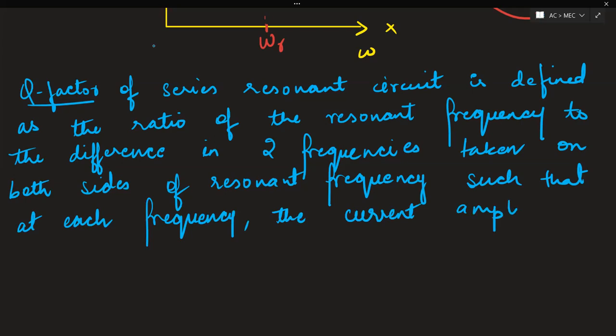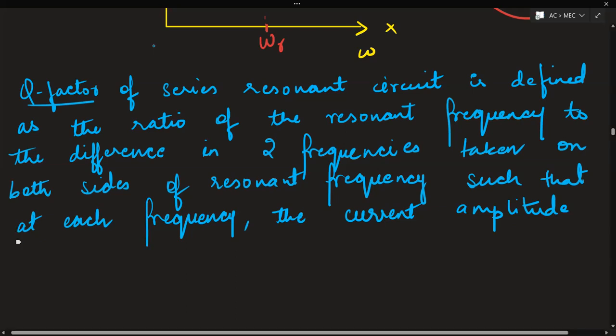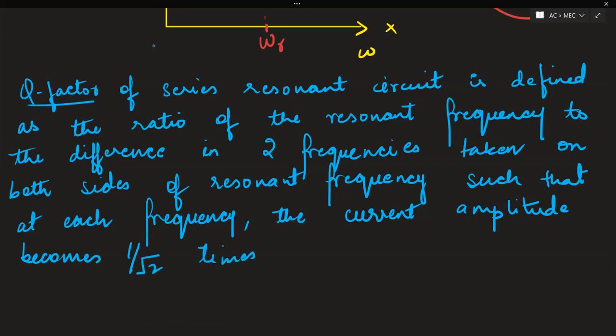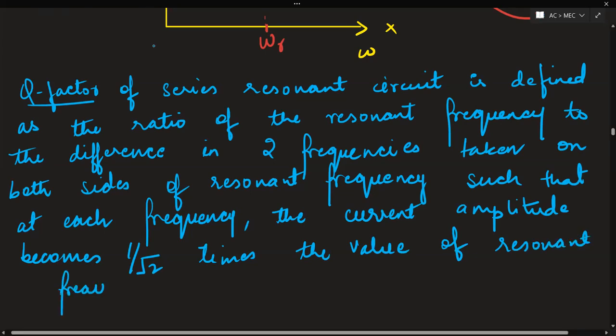This is the main definition. Now I'll explain you what is meant by all of these sentences. All these words means what? Frequencies.